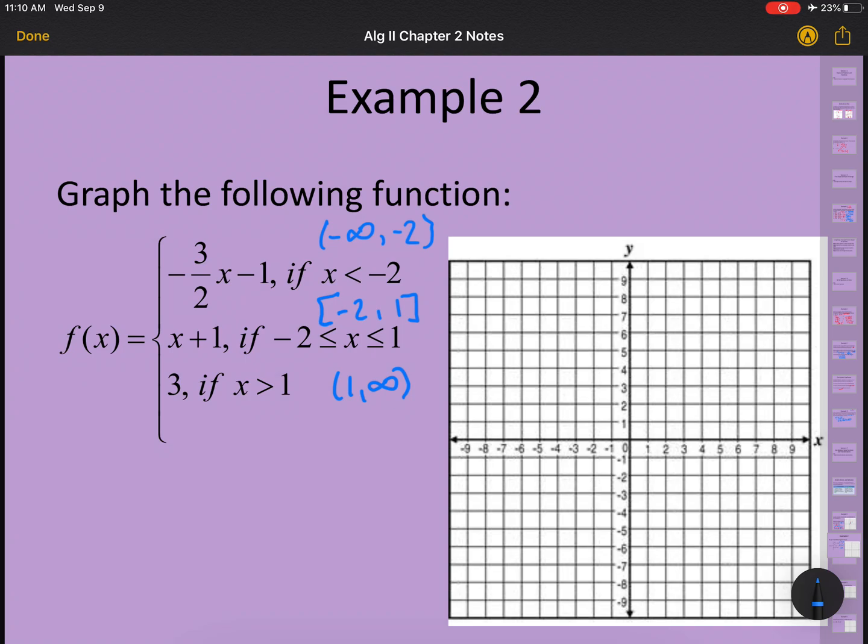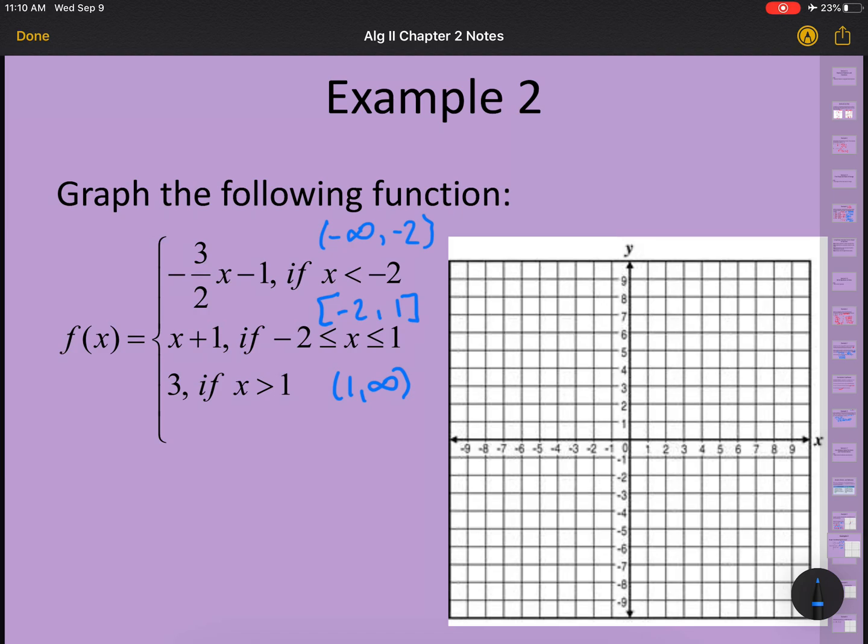Okay, so if I try to graph this first one for anything less than negative 2, okay, so if you try to plug in negative 3 in there, negative 3 halves of negative 3 minus 1 is 7 halves, which is the same thing as 3 1/2.